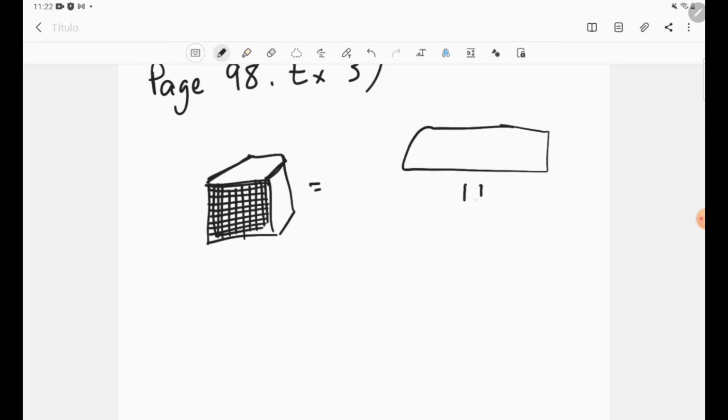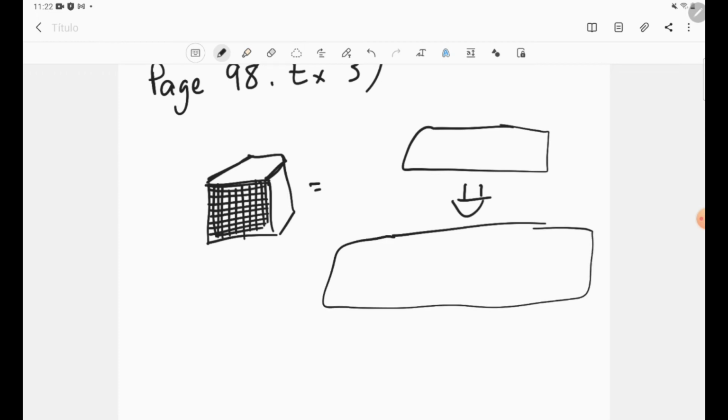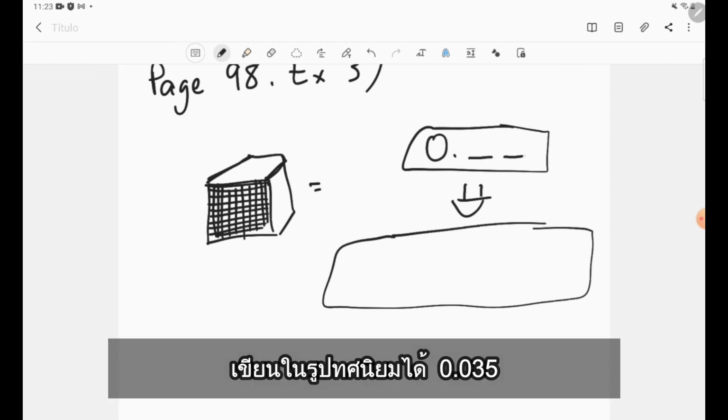You have numbers and words. Okay, so it's not full, so it's 0 point, and when we talk about 1000 pieces we have 3 numbers, so we fill number 5 here, number 3 here, and this is 0.